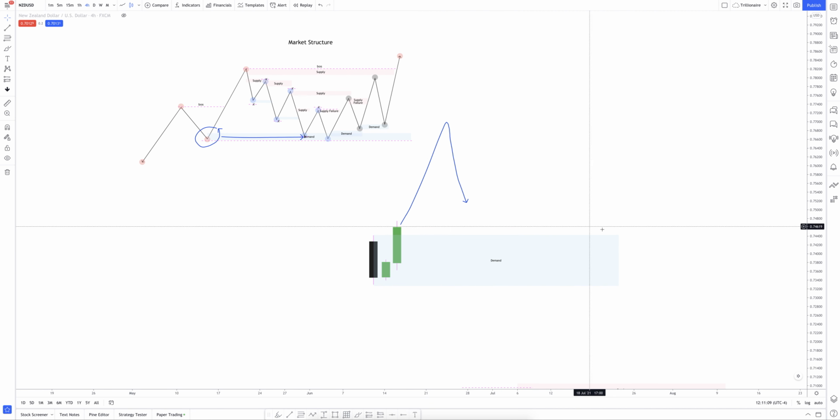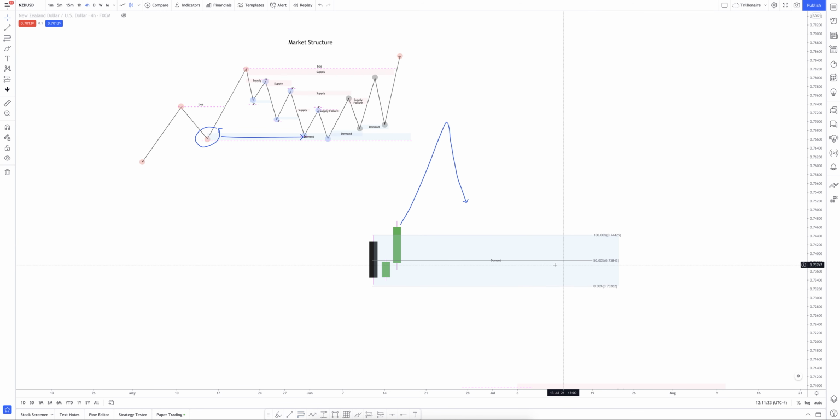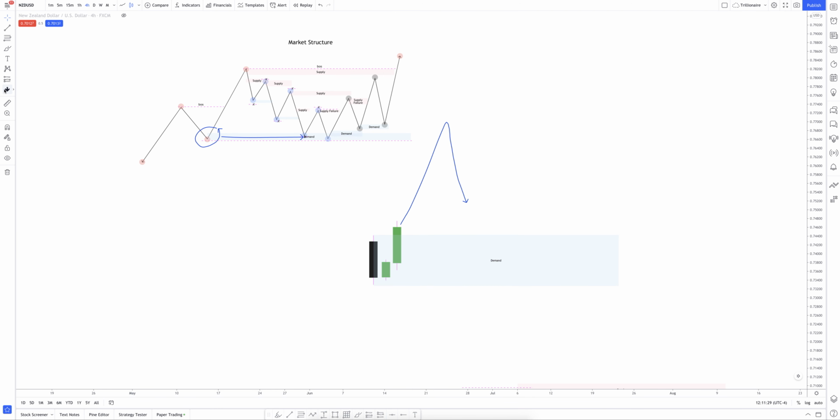So this is one way to refine. The pros to this is you're more than likely going to be put into the trade. A little tip for you guys, if you want to use 50% of the order block, you can definitely do that as well. Just using 50% of the higher time frame order block works too. The cons is your zone is going to be extremely large, or larger than it needs to be, relatively speaking.